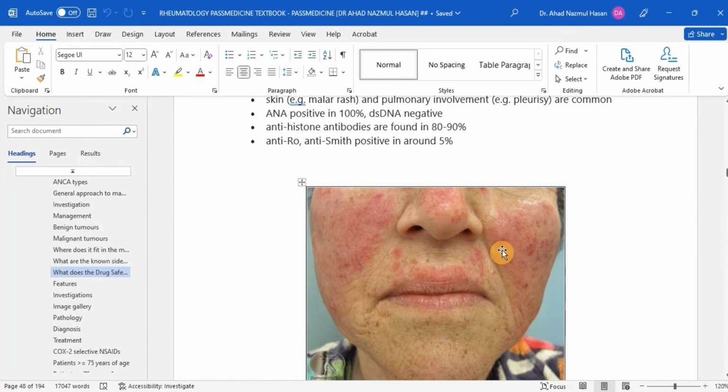In case of lupus, the nasolabial fold would be spared and it will give the typical butterfly appearance. And in case of acne rosacea, there should be involvement of the nasolabial fold, and also we will get the features of pustule. In some cases, we'll get the features of pustule or rhinophyma.